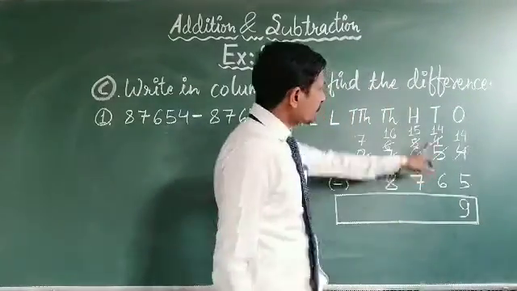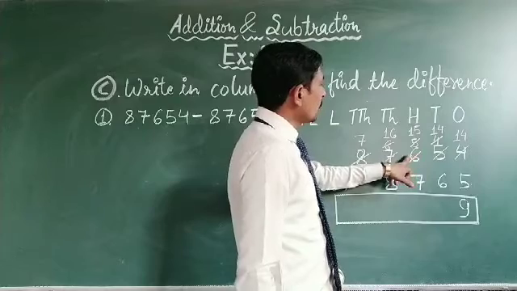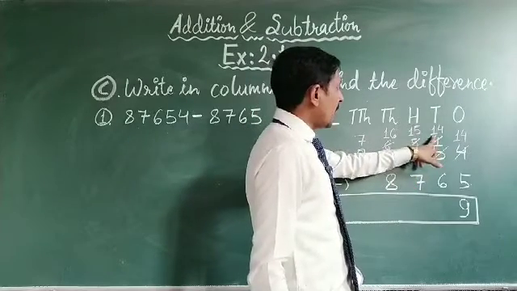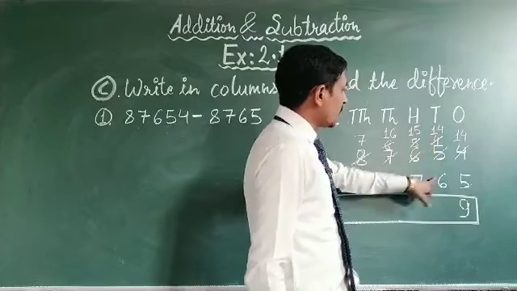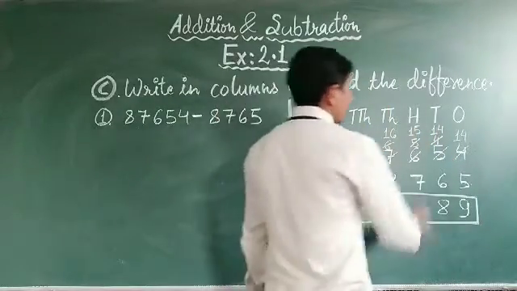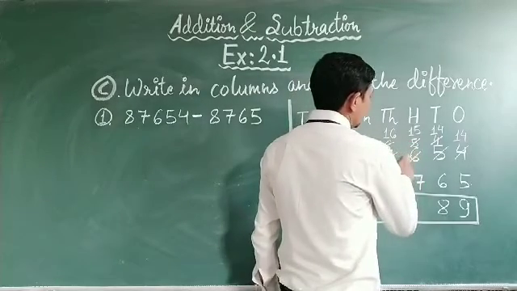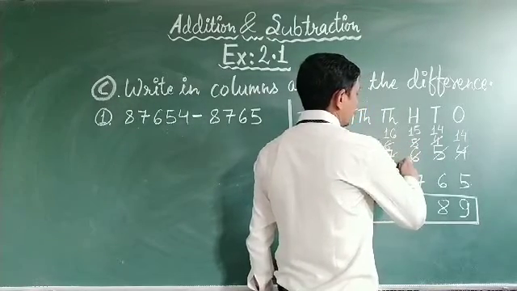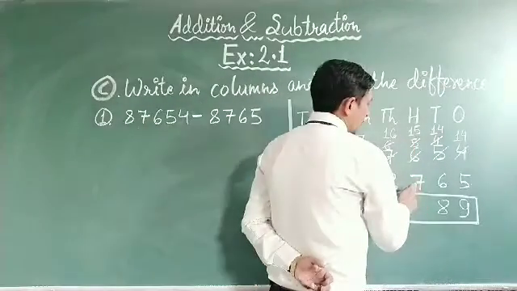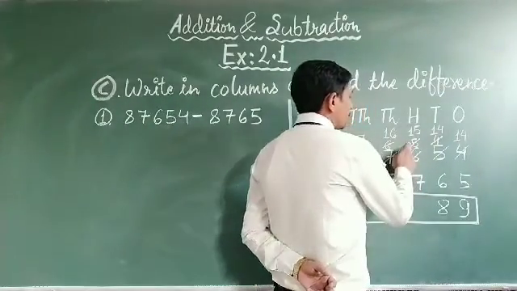And now when we borrow 1 from 6, the number will become 14, and when we subtract 14 from 6, we get the number 8 as answer. Again, now here when we borrow 1 from the number, it will become 5, and now 7 is not subtracted from 5.